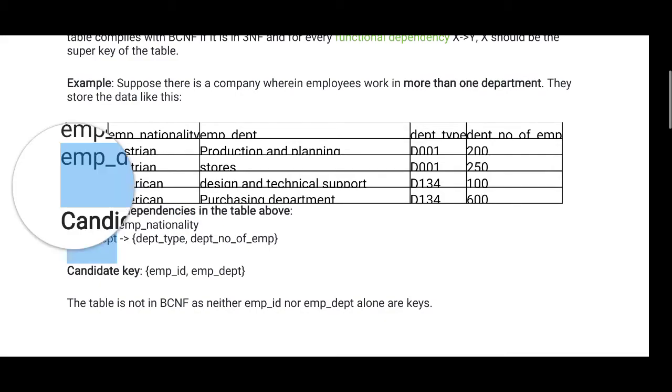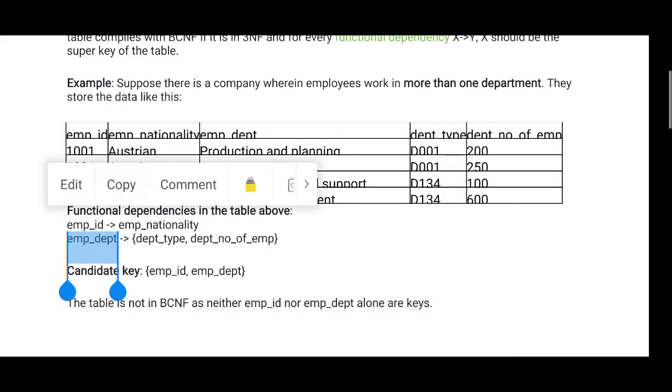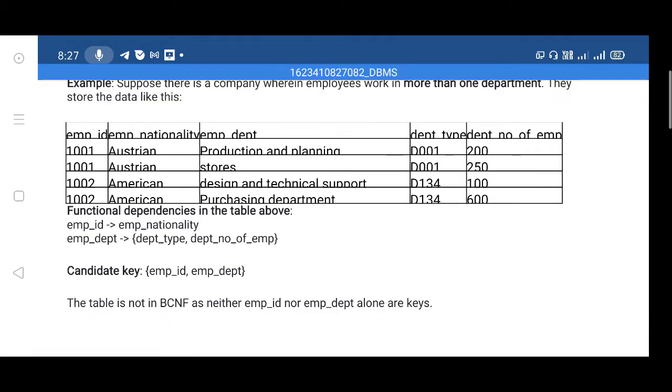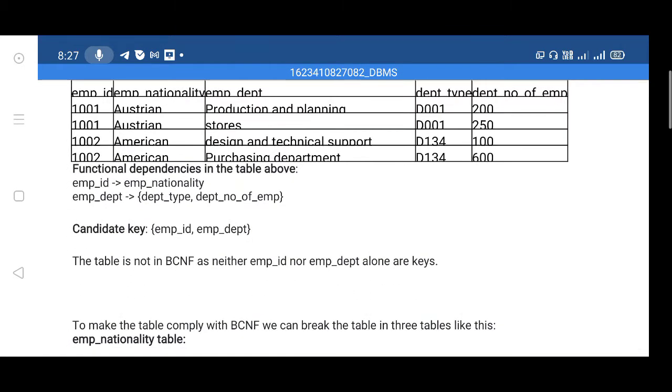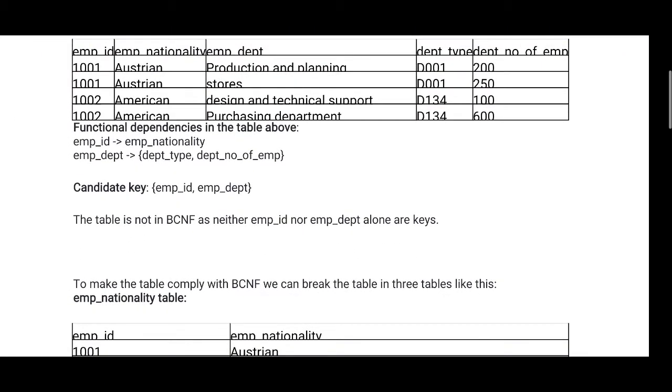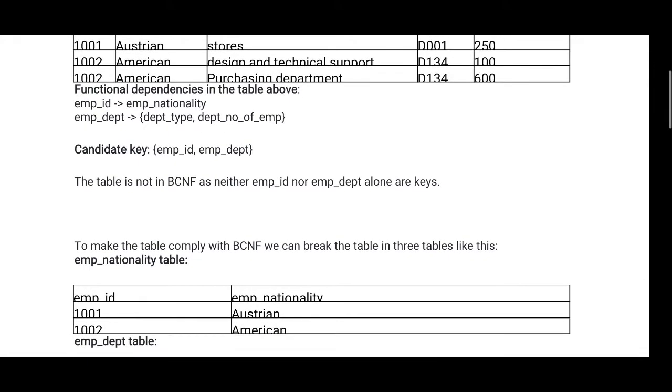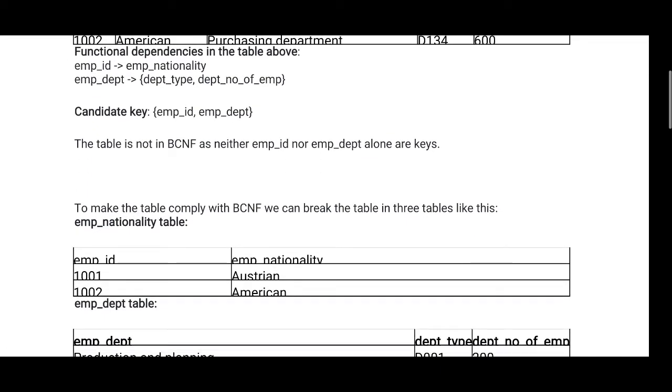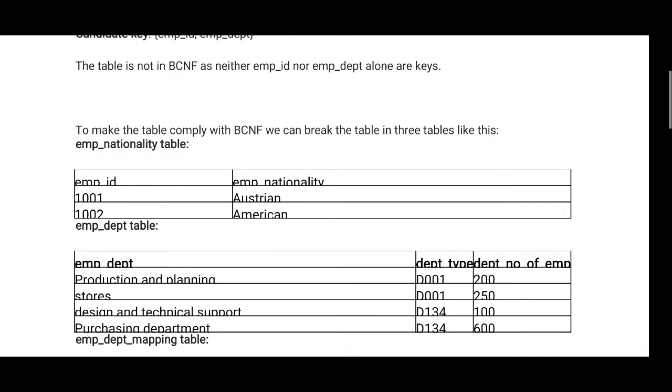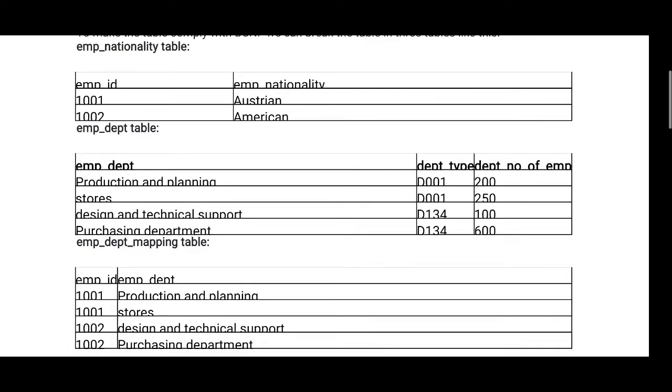Here you have taken a table that is in the third normal form but not in BCNF. To make the table comply with BCNF, you have to break the table into three tables. The tables are employee nationality table, employee DEPT table, employee DEPT mapping table.